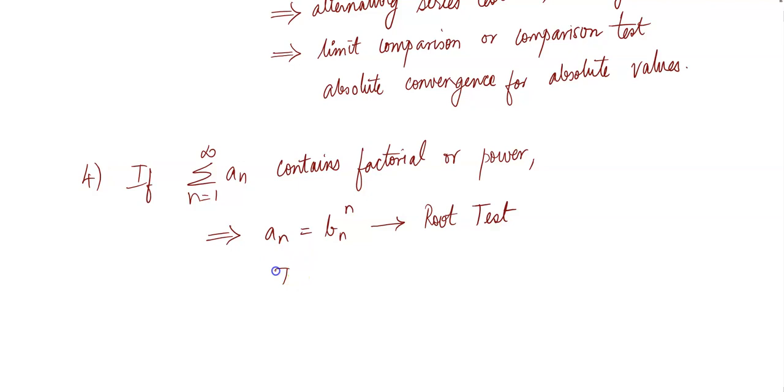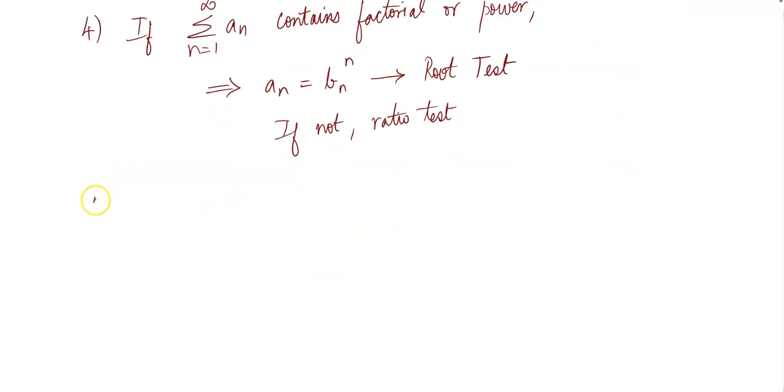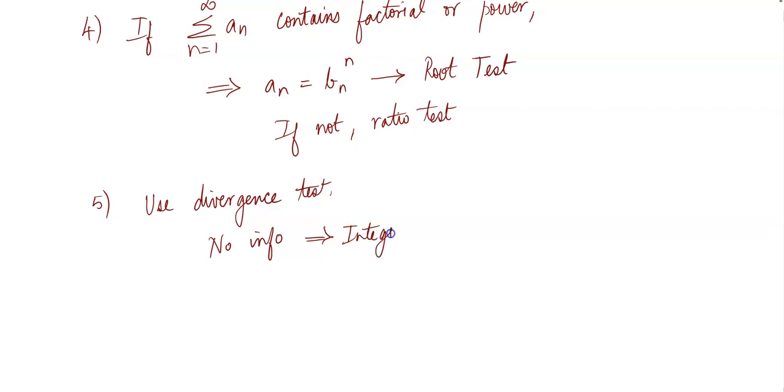If not, go for the ratio test. And if they're just not working and you find that using a divergence test is better, go for it. And if you had no info when you did the divergence, then go for the integral test.